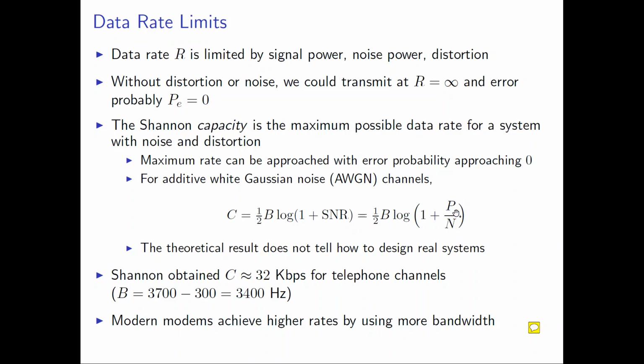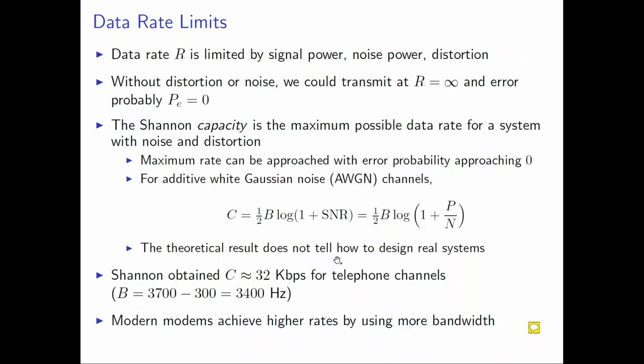For example, 5 over 1 is 5, but 5 over 0.5 is 10. When this increases, then the log of this increased number is even more, and multiplied by the bandwidth is even more. This means that the data rate increases.